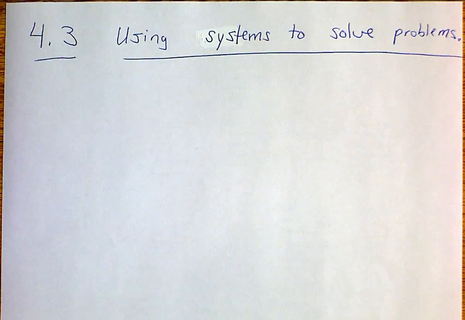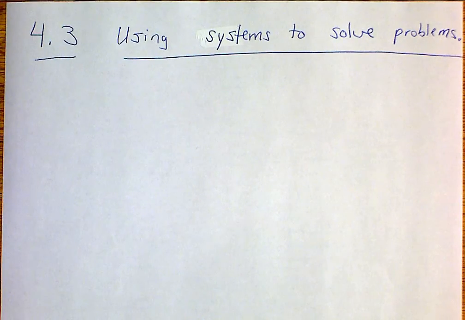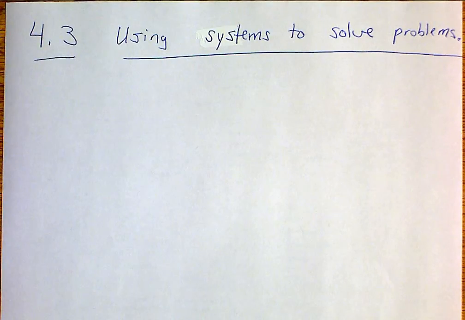4.3 is using systems to solve problems, like story problems. Yes, story problems. I hate story problems. All right. Well, the one thing that you can always say about story problems is they are at least how you would apply the stuff we're learning to real life.